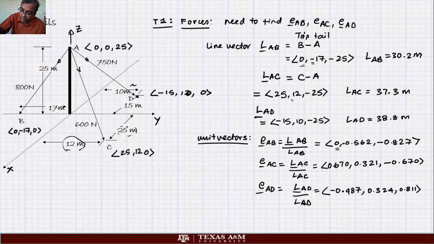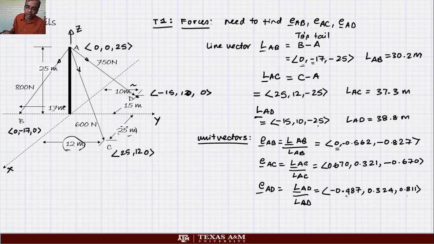If it is 25, 12, minus 25, I have to have plus, plus, minus. Also, roughly speaking, if 2 of them have the same magnitude, the corresponding unit vector will also have the same magnitude. Can you see 25, 25, 0.67, 0.67? And roughly speaking, the ratios will be the same. This is about half, that should be about half. And this is slightly bigger than this, so this has to be slightly bigger than that. So all of these things are quick checks.